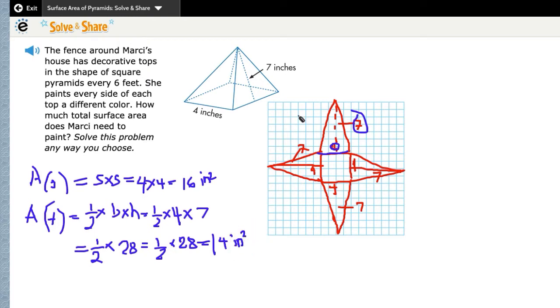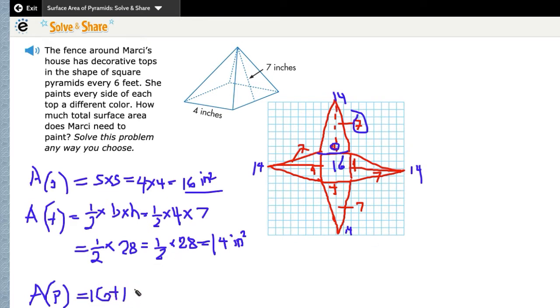So this is 16 square inches, and each of the triangles is 14. To find the area of the pyramid, we add the area of its faces and the base. The square has an area of 16 plus 14, 14, 14, 14.